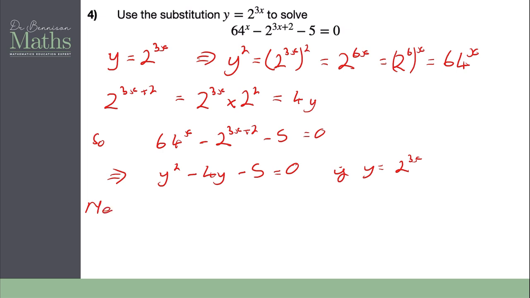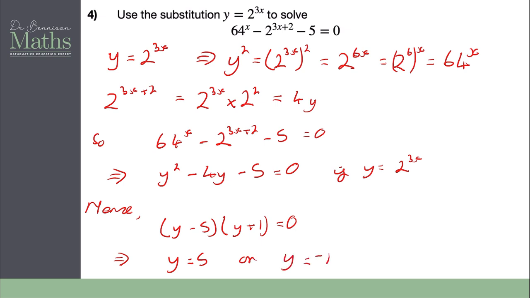So hence we end up with y minus 5 and y plus 1 equals 0. That tells us that y equals 5 or y equals minus 1.